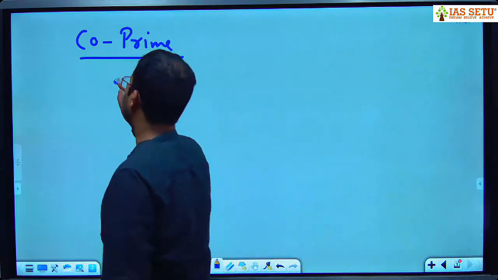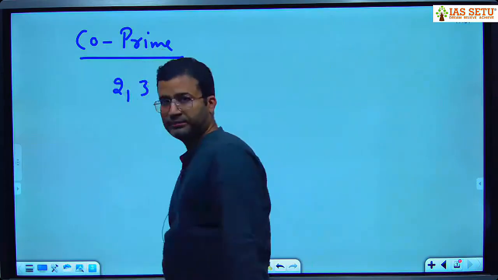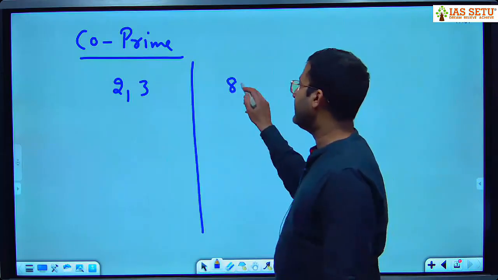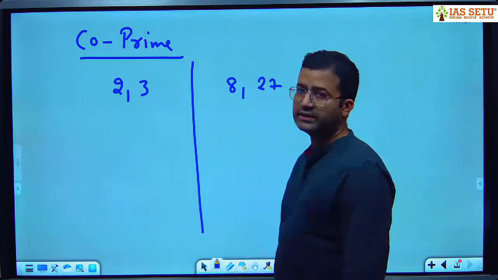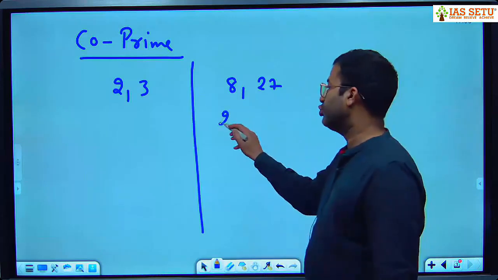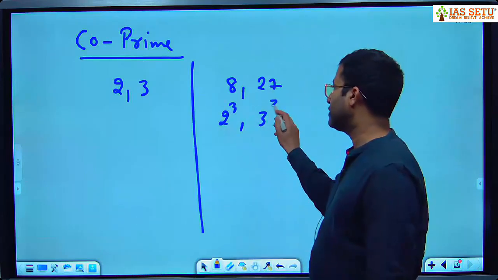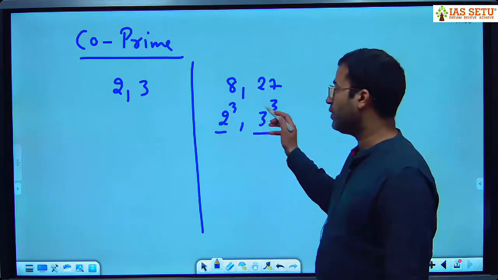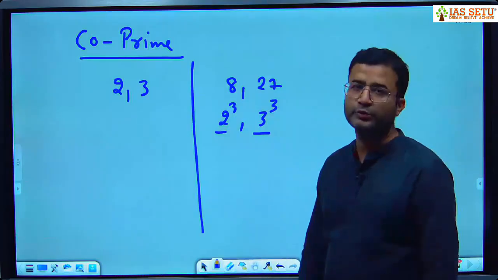See here, we know 2 and 3 are co-prime. If it is asked 8 and 27, whether these are co-prime, yes or no? So what you can do, what is 8? 2 cube. What is 27? 3 cube. If 2 and 3 are co-prime, then 2 to the power 3 has to be co-prime to 3 to the power 3.